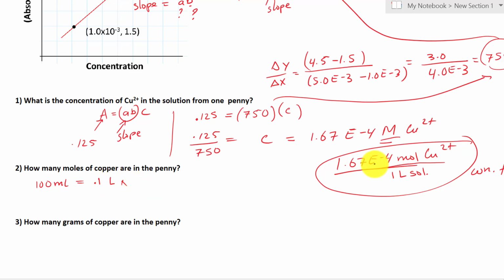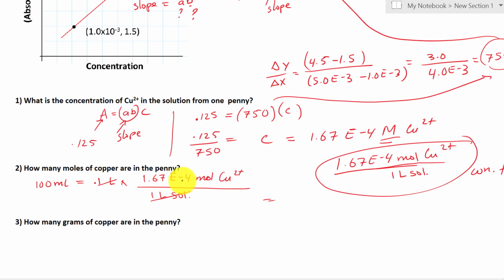Let's multiply this conversion factor. In this case, the liter on the bottom, 1 liter of solution, and on top is 1.67 e to the negative 4 moles of copper 2 plus. Now we can solve for moles of copper 2 plus, which is 0.1 times 1.67 e to the negative 4.